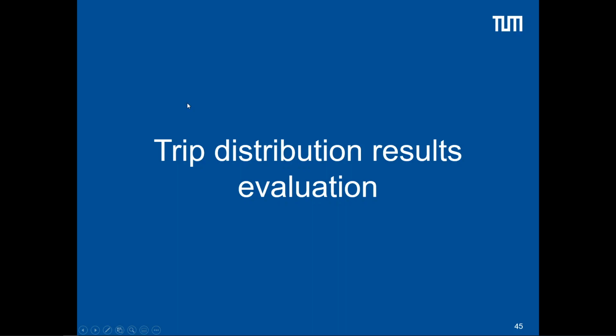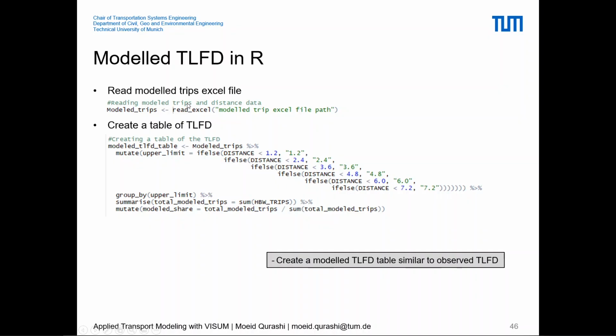Now, to evaluate the trip distribution results, first we'll do the same steps as we did for the observed TLFD. We will load the model trips, and then we will create a TLFD table. So now the input would be the model trips, and we will mutate the distance.